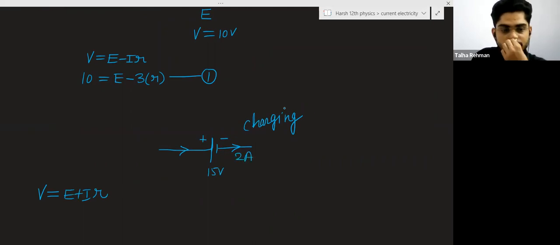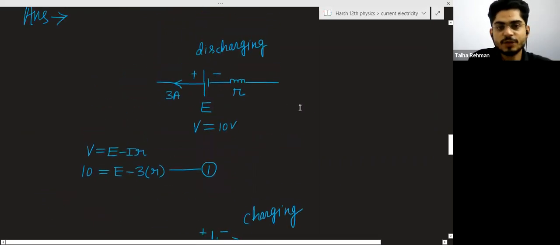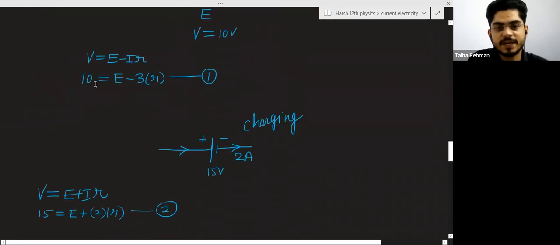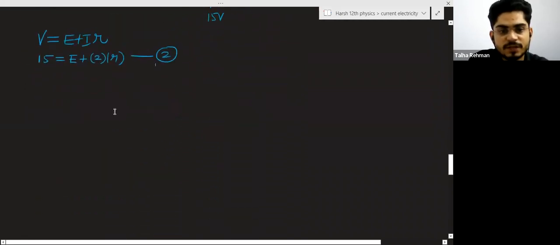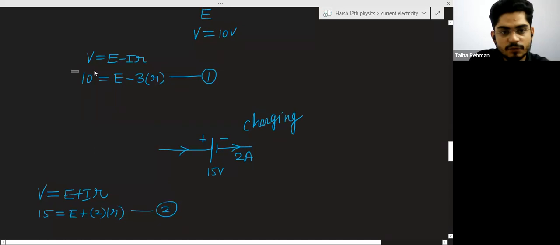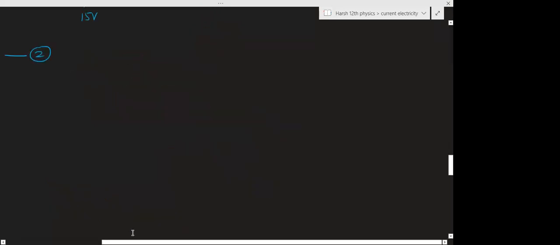So this is 15, this is E, plus I is 2 into R. This is equation second. Now we will solve equation first and second, and we will get the answer.